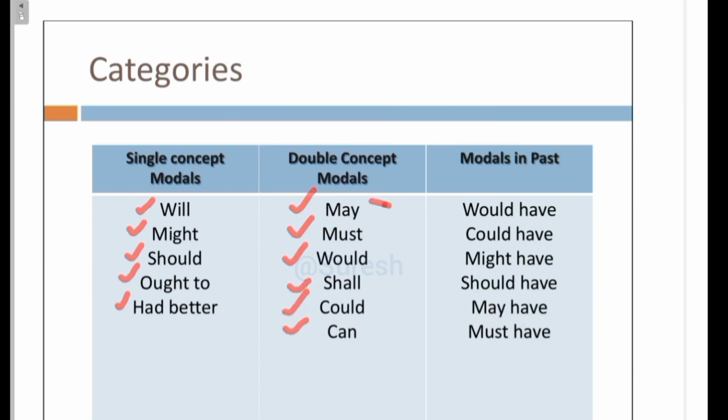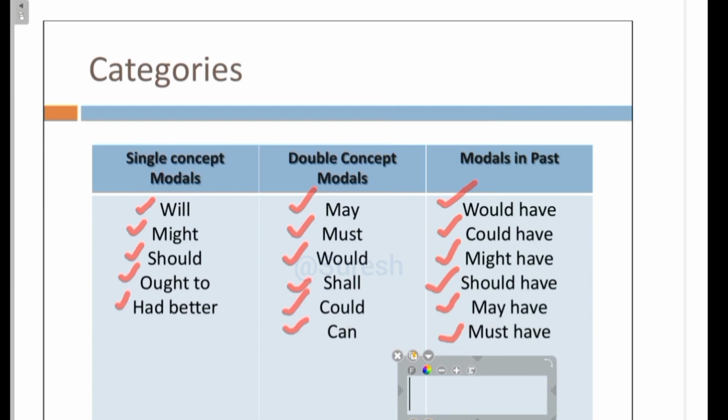These are all double concept models. That means they can give more than one meaning, or they can be used to say more than one meaning. Models in the past: would have, could have, might have, should have, may have, must have. See, all these are modal verbs in the past.